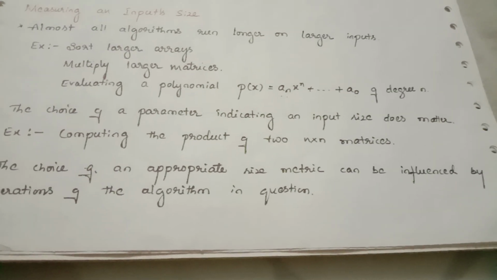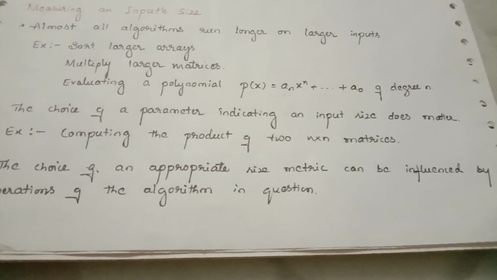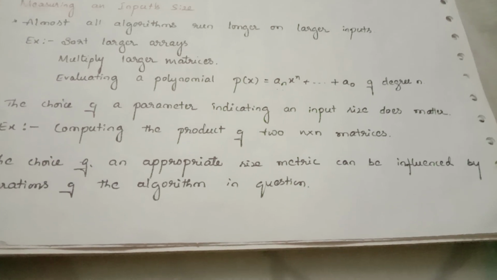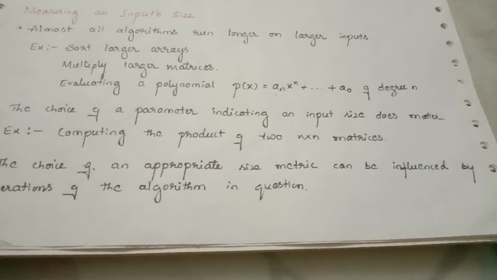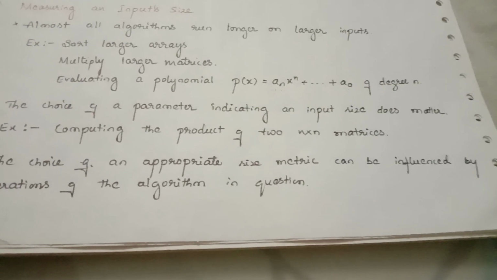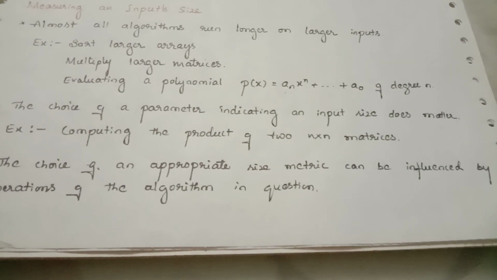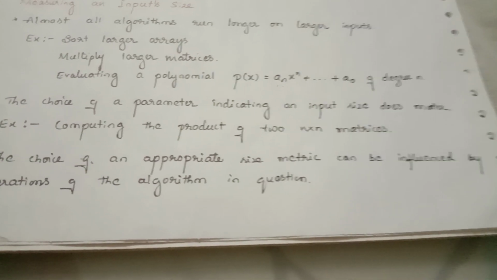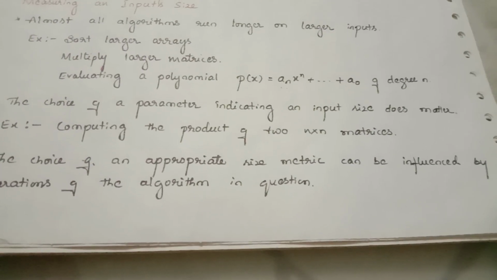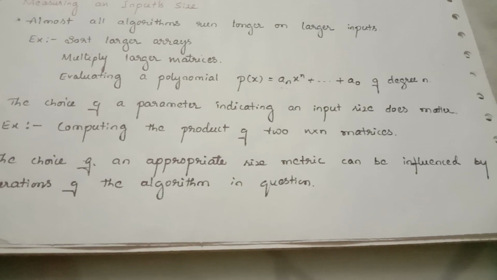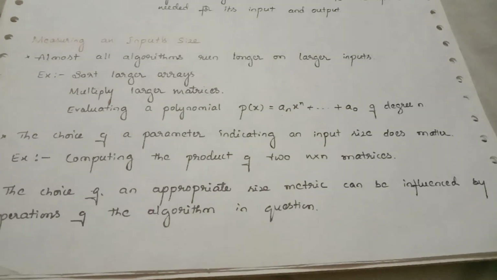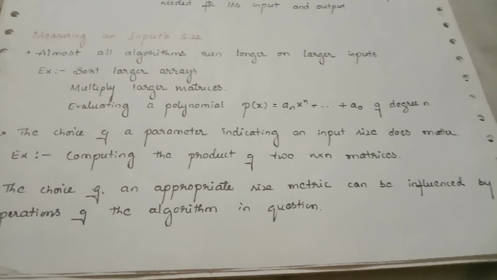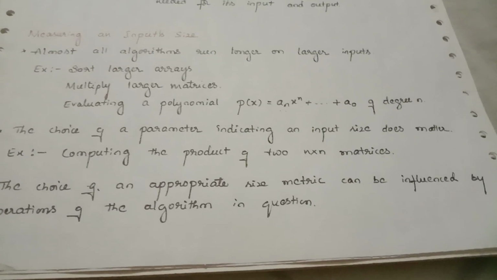If the algorithm examines individual characters of its input, we should measure the size by the number of characters. Otherwise, if the algorithm is working on words, we should take the number of words present in the given text as the input. So in this way, there are many ways to measure an input size, and we have to wisely choose which one we intend to measure.